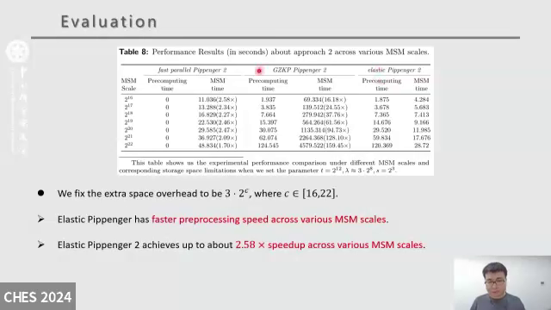From these two columns, we can see that elastic Pippenger has faster processing speed across various MSM scales. And from these two columns, we can see that elastic Pippenger 2 achieves up to about 2.58 times speedup across various MSM scales.